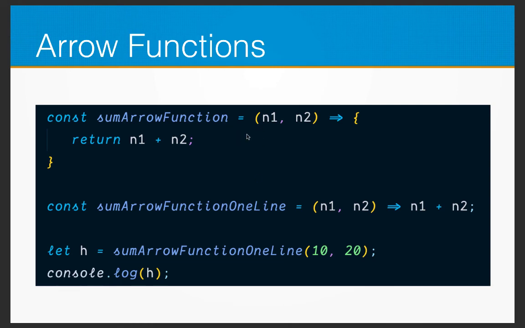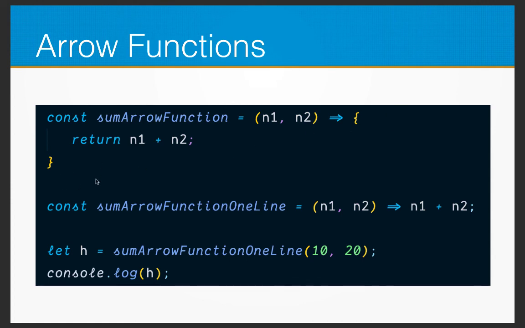In fact, as you see, the syntax is very similar to a function expression, only that we drop what is not strictly necessary. We drop the keyword function. Here are the inputs. Here are the character equal and the greater than symbol. And then this is just the body of the function that you're already accustomed to.